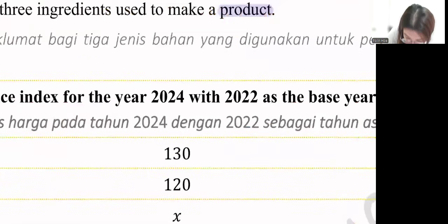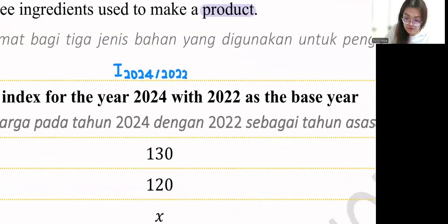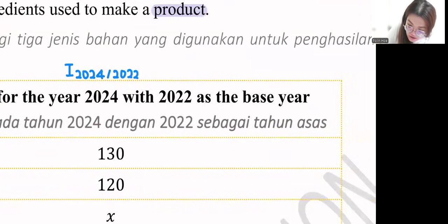Next one. 我们的 ingredient, then the price index for the year 2024 with 2022 as the base year. 这一个是 I, 2024/2022. And can you do me a favor? 这一个 you highlight as the base year. 2022 as the base year.